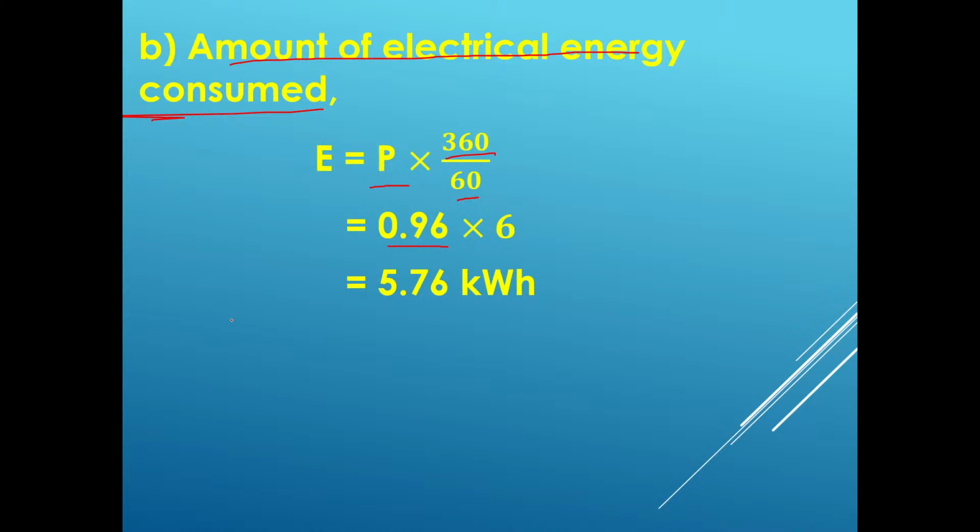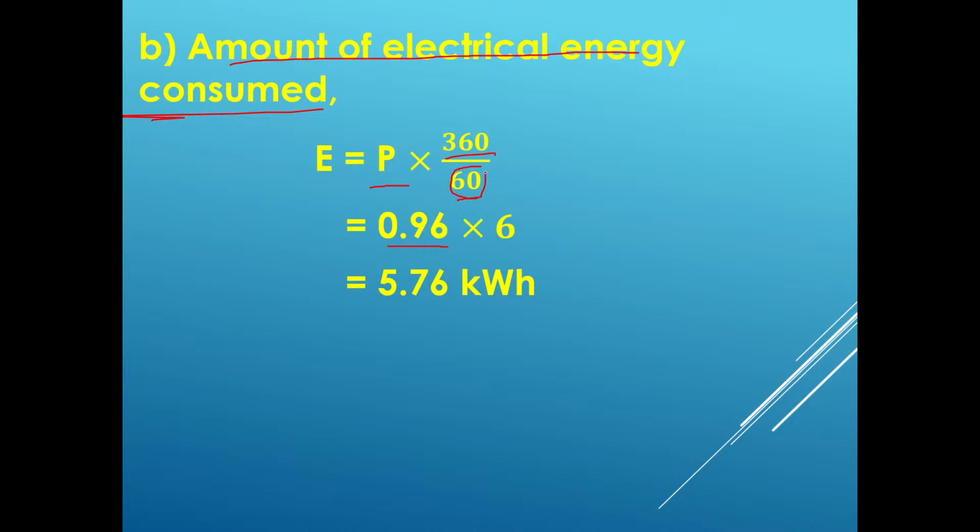20 minutes means you have to convert 20 minutes into hours, isn't it? For one revolution it is around 360. Okay, forget about 12 to 4.